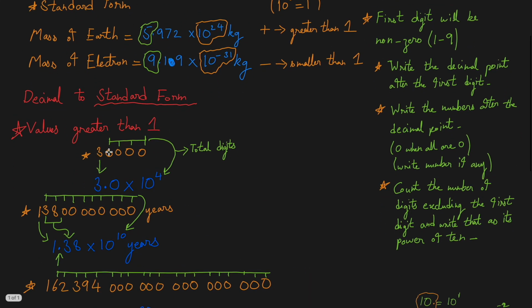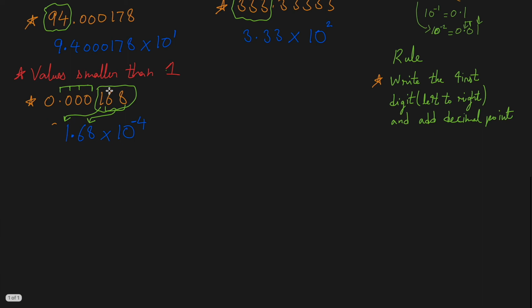And now we will check how many zeros are here, including the decimal point: 1, 2, 3, and 4, and that will be 10 power 4, and the negative sign meaning that these values are smaller than 1.